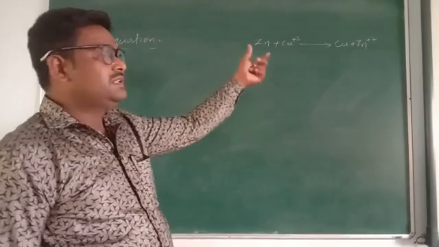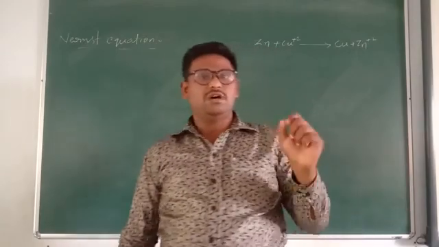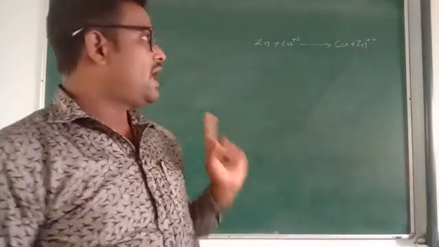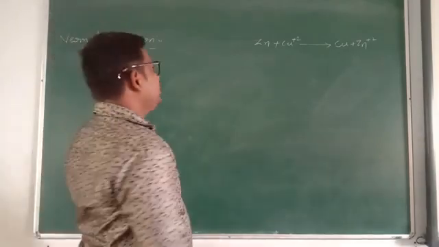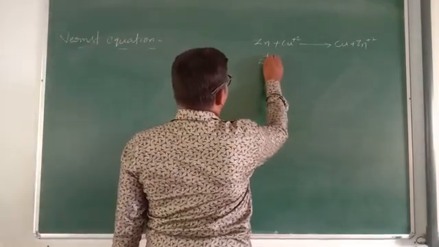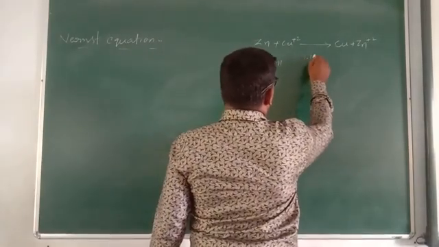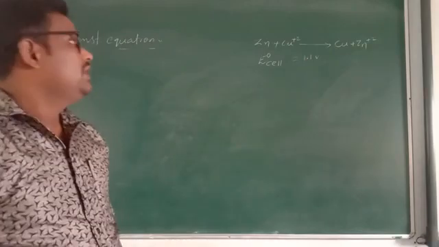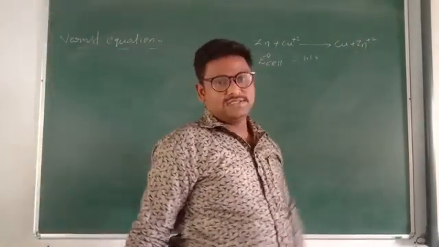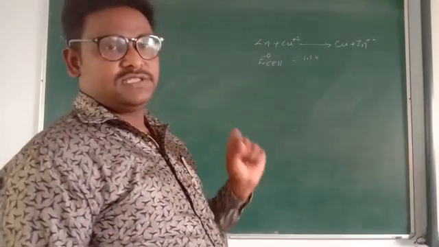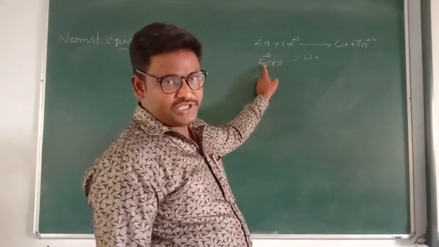Suppose the concentrations of copper ions and zinc ions in the solution are at unit concentration, meaning 1 molarity. Then we can calculate its cell potential as 1.1 volts. Only if the concentrations are 1 molarity can we calculate the standard cell potential.